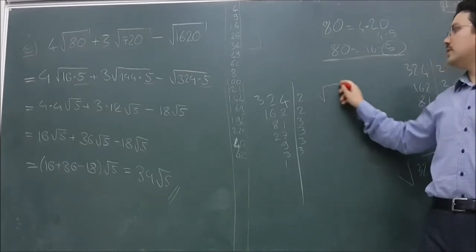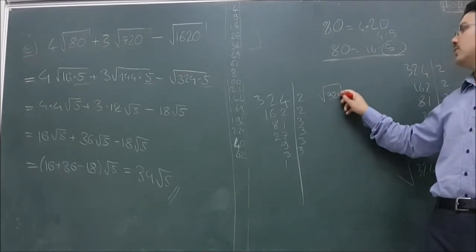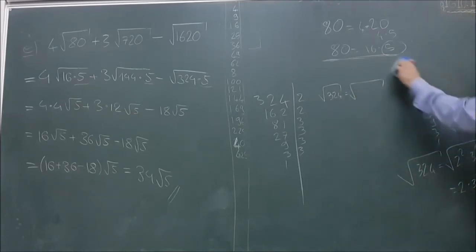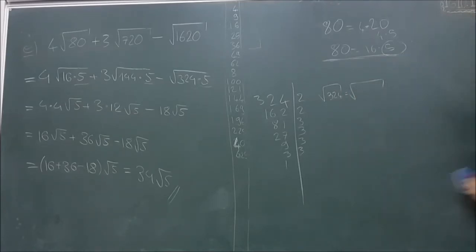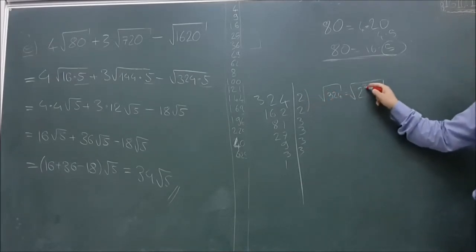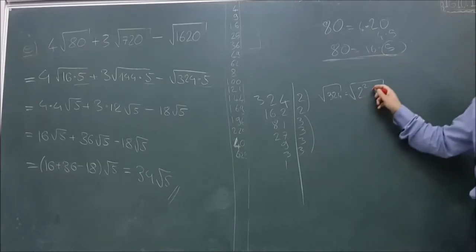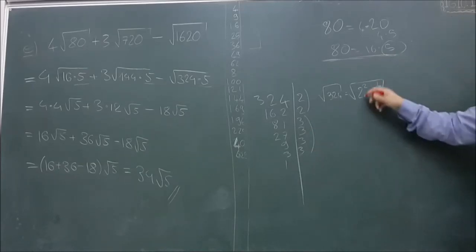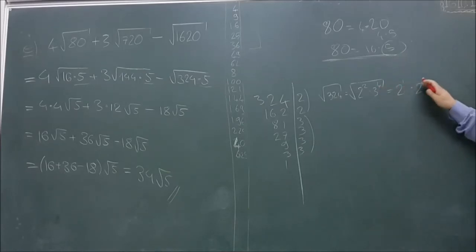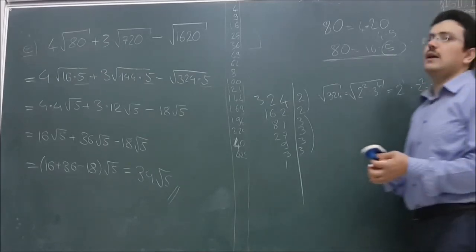So, instead of square root of 324, I can write the square root of 2 squared times 3 to the power of 4. 2 power 2 comes out, 2 power 1, 3 power 4 comes out, 3 power 2. So 2 times 3 squared is 9, 2 times 9 is 18.